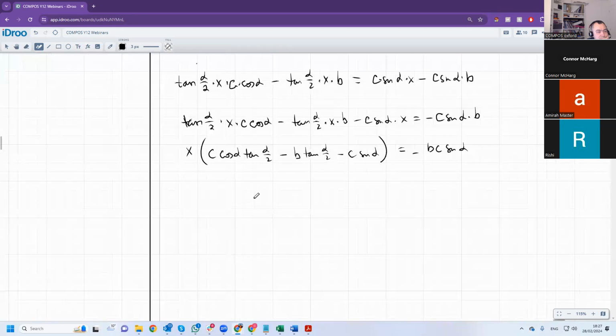Cos alpha can be written as cos squared alpha over 2 minus sine squared alpha over 2. And sine alpha can be written as 2 sine alpha over 2 cos alpha over 2. So that means x multiplied by c multiplied by... does that actually help us?